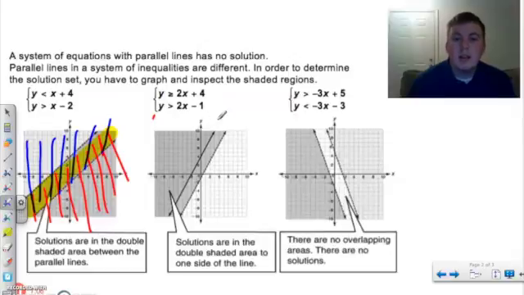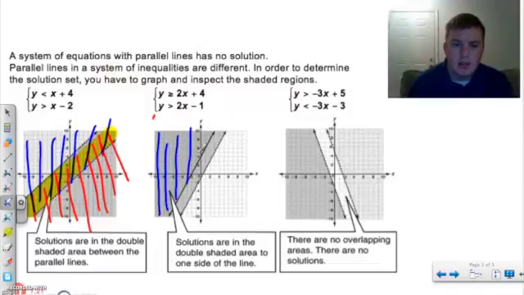Let's look at another situation you might have. Y is greater than 2x plus 4. That is our top line on this equation. And since we are looking at greater than, it is anything up above that line. Alright, I'm just going to shade this blue so you know that's what we're looking at there.